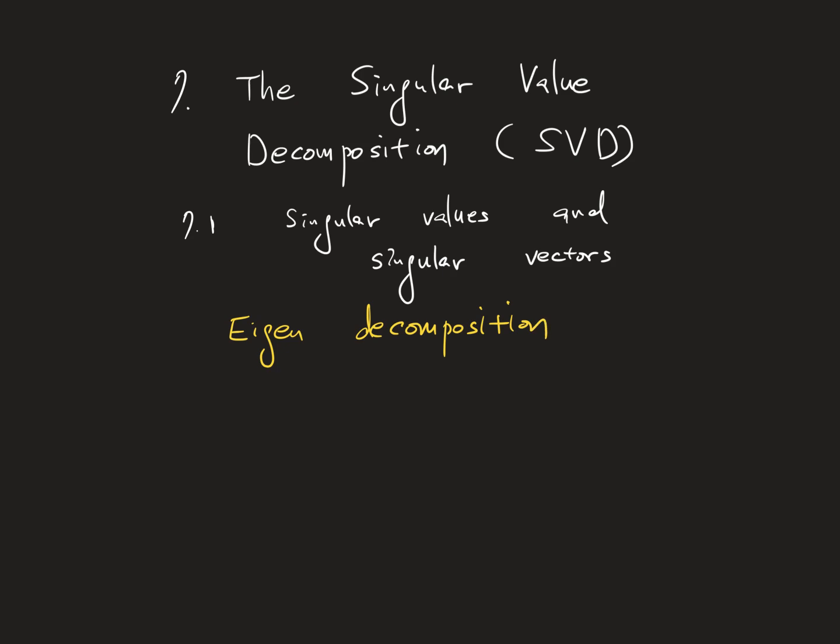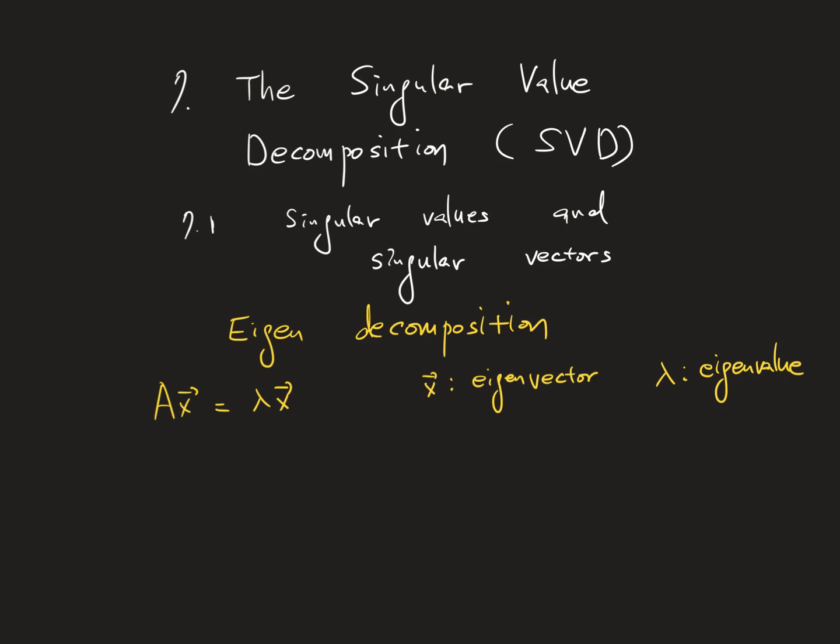We know that Ax is just lambda times x, and then we call the x vector our eigenvector, and the value lambda is called the eigenvalue.